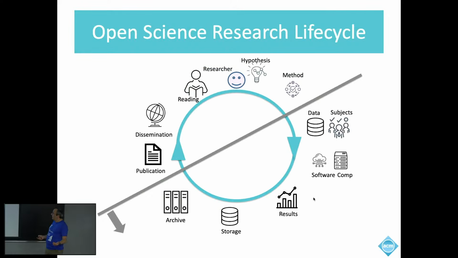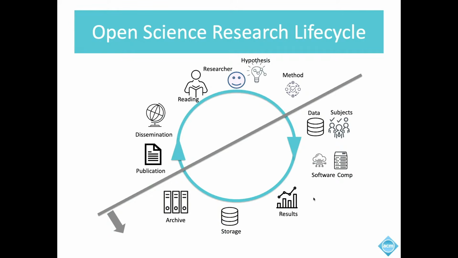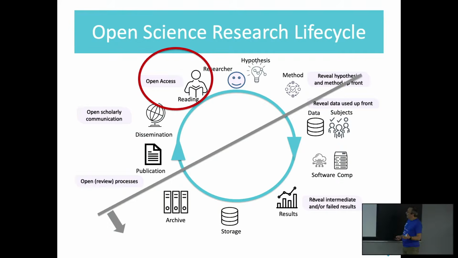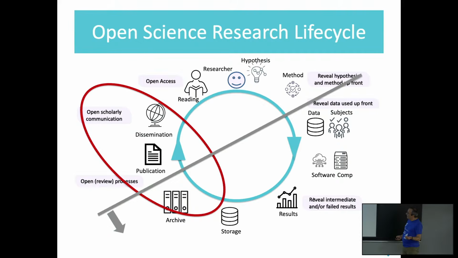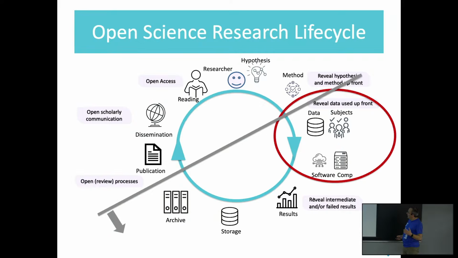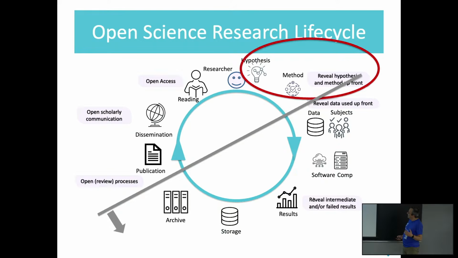So I'll go around this, and I'll give you certain elements of the philosophy, the way of thinking in some of the stages of the life cycle. I won't go by order. Remember that we have open access, open publication, scholarly communication elements, open reviews, revealing hypotheses and intermediate data, and all that.